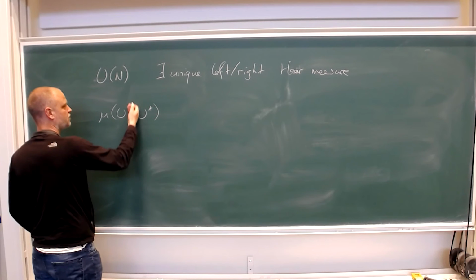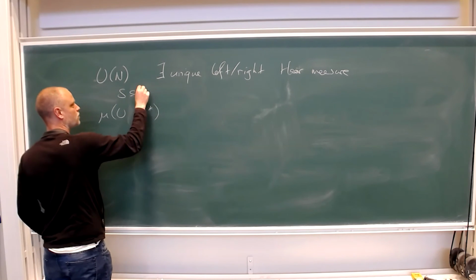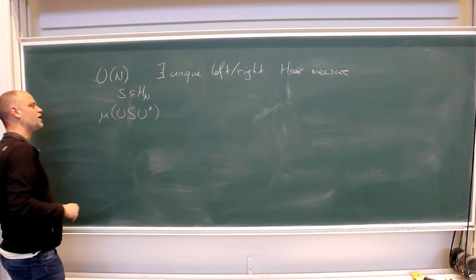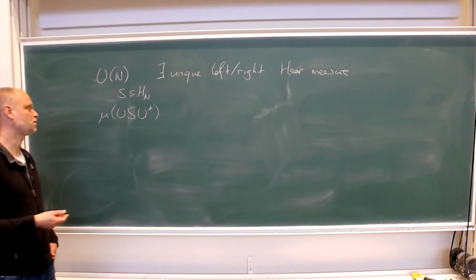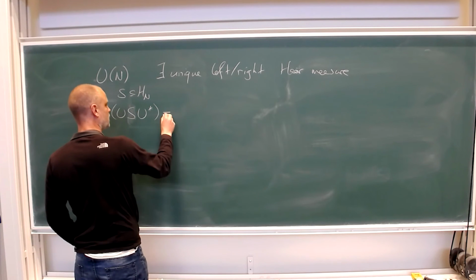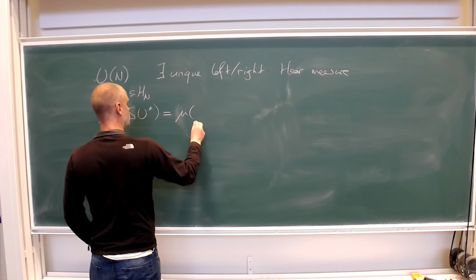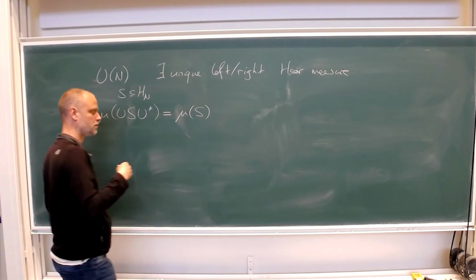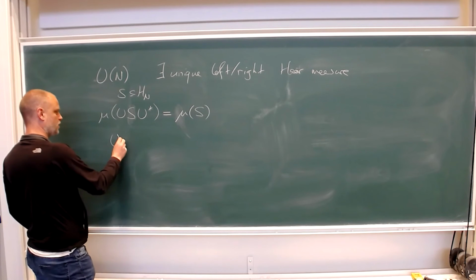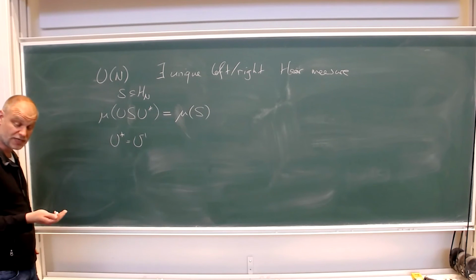If I take some set S, a subset of the n by n Hermitian matrices, and I do left and right multiplication with a unitary matrix, then it doesn't see it. For unitary matrices, the left and right measures are the same.